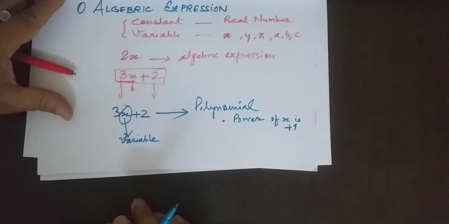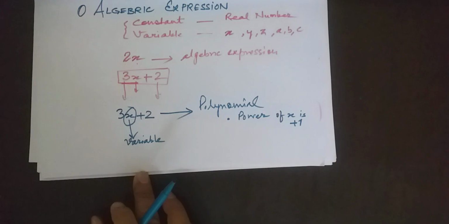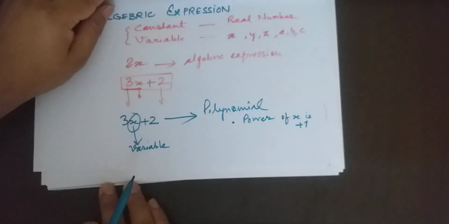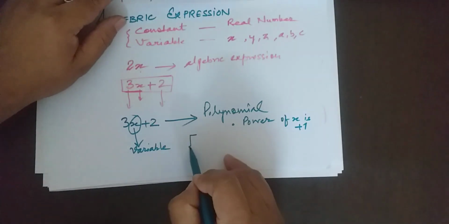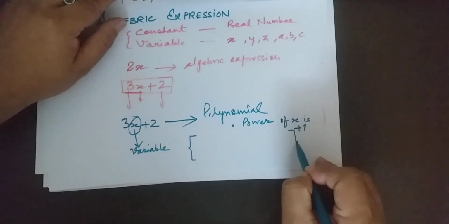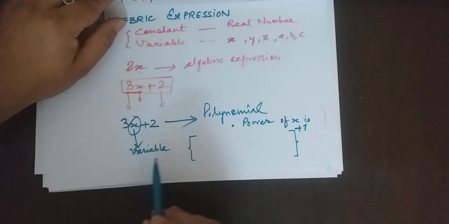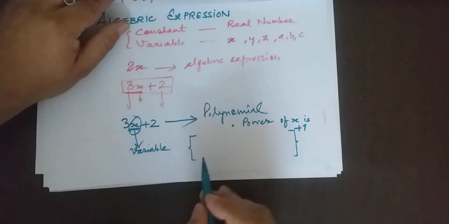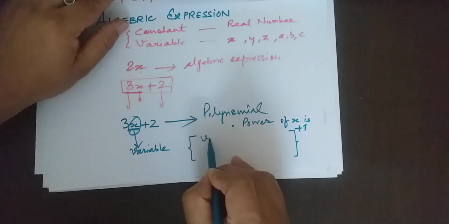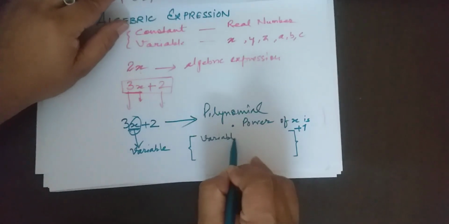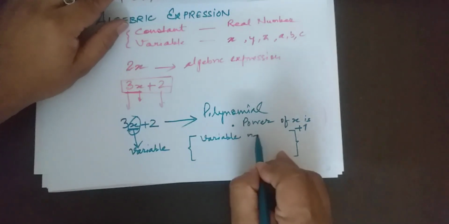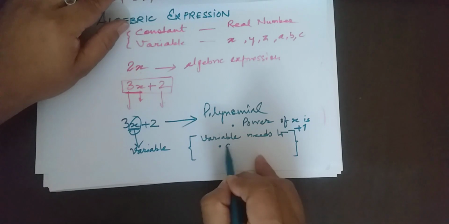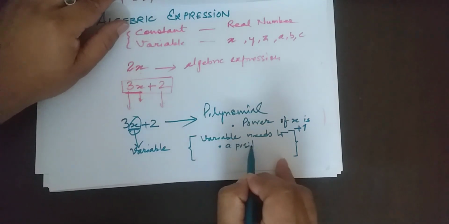So what exactly would be a polynomial will depend on one major aspect, and that major aspect is the nature of the power of the variable. The power for any polynomial needs to be compulsorily a positive integer.